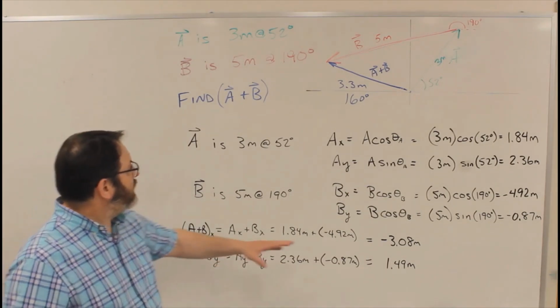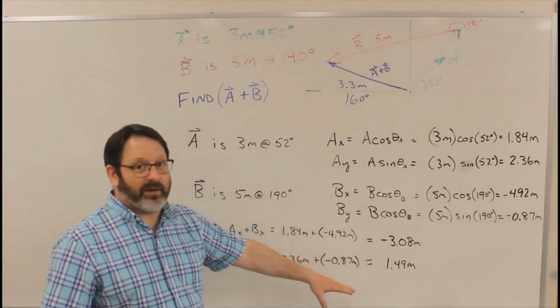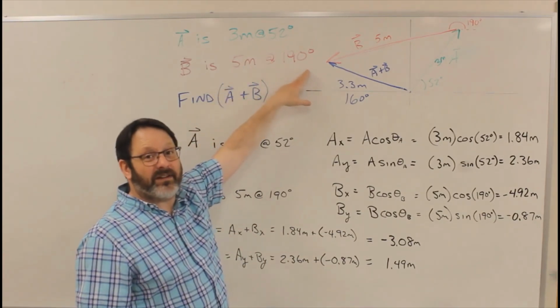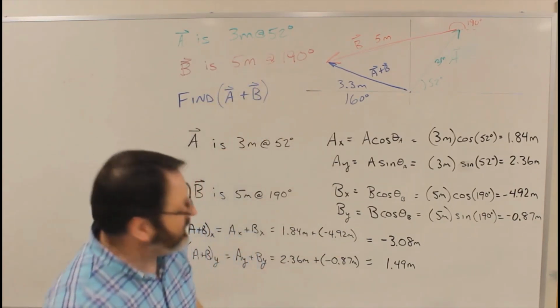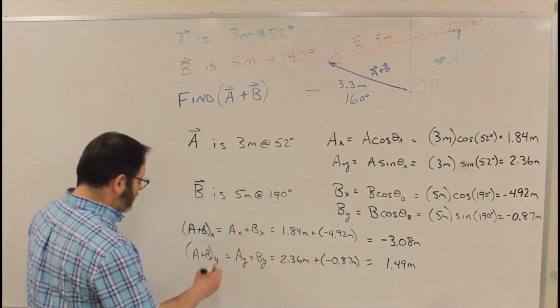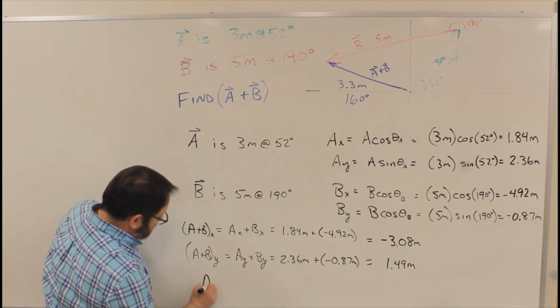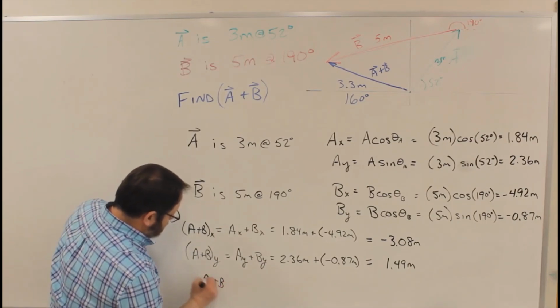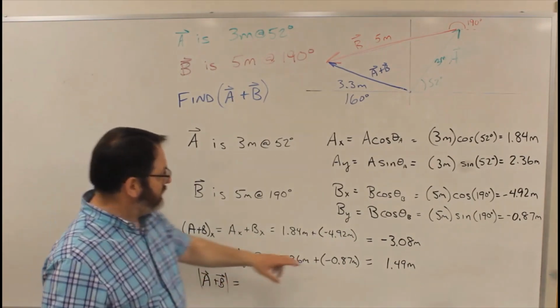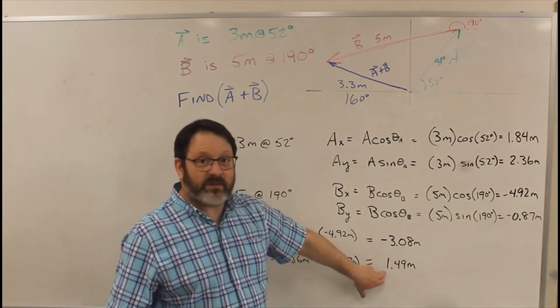All right, so now we have the X component and the Y component, but what we're actually supposed to find is the magnitude and direction. So now we're not done yet. Magnitude is not too hard because the magnitude of vector A plus B is this squared plus that squared, square root.